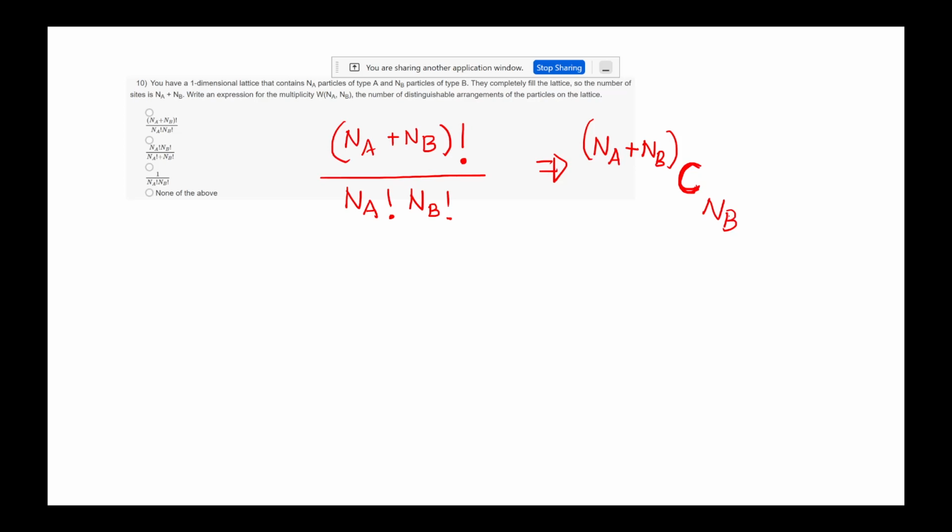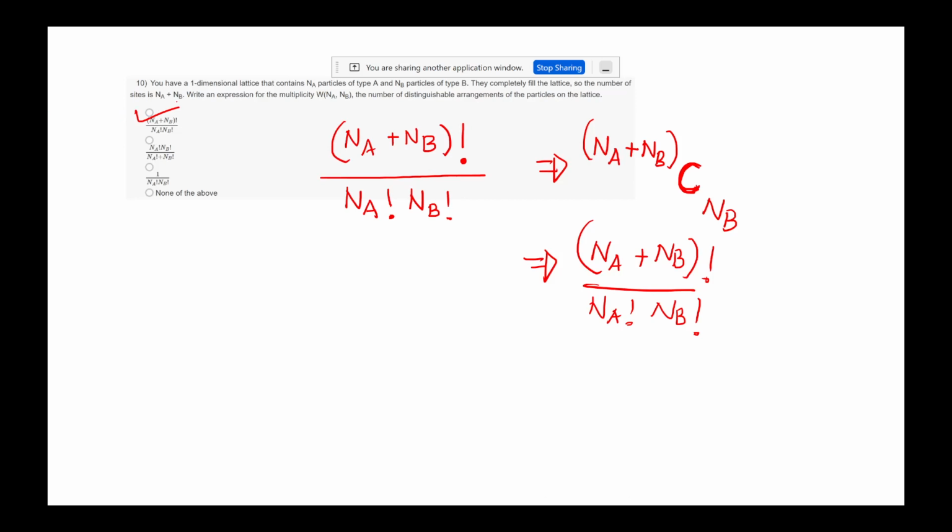If we choose where to put B type particles, we automatically choose where to put A type particles, right? Since the total number of sites is Na plus Nb, if we define one thing, the other is automatically defined. So that's why this is (Na + Nb)! divided by Na! Nb!. So that is the option.